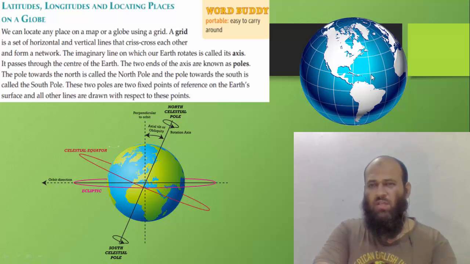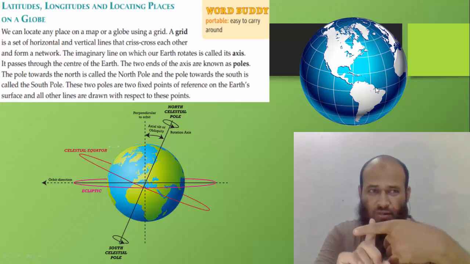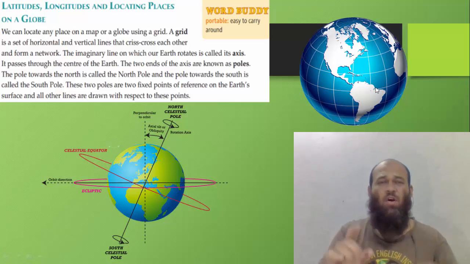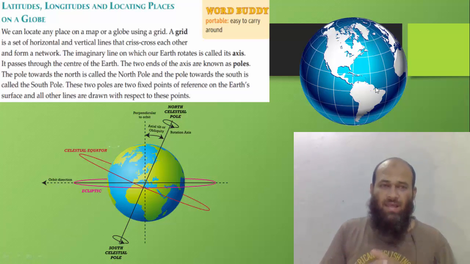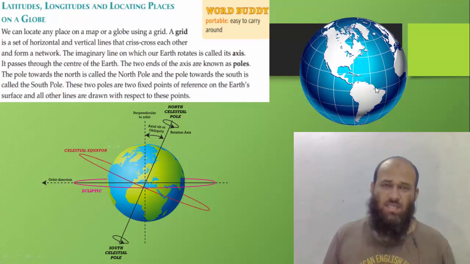If you see over here, you will find these square boxes. This network of lines, these imaginary lines, when they cross each other and form a network, is called a grid.